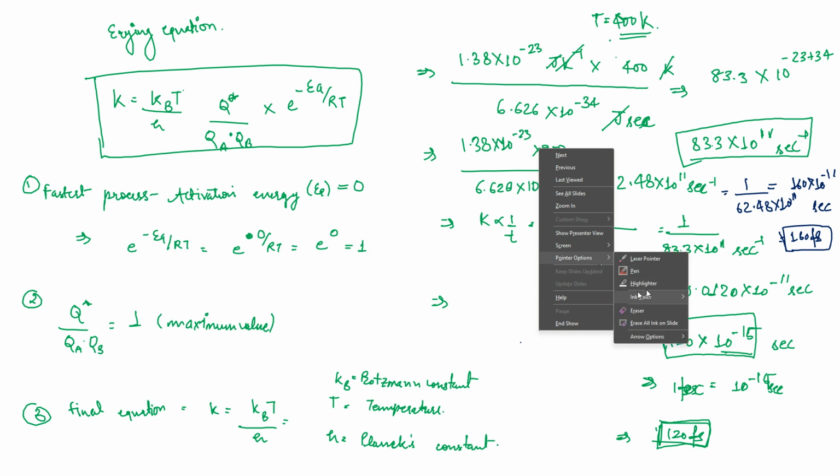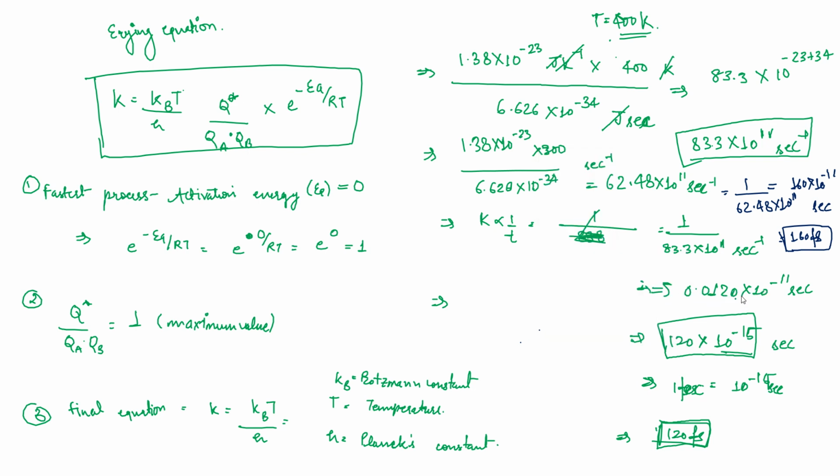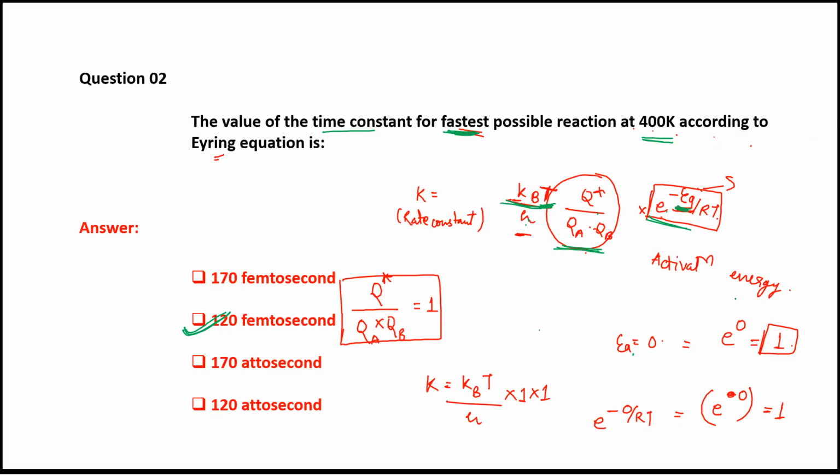So this is all for this question. If you have any doubt, just feel free to ask. First of all, what is the Eyring equation? There are two things to remember. If you are asked to calculate the fastest reaction, you just substitute the values, taking activation energy 0 and partition coefficient 1.